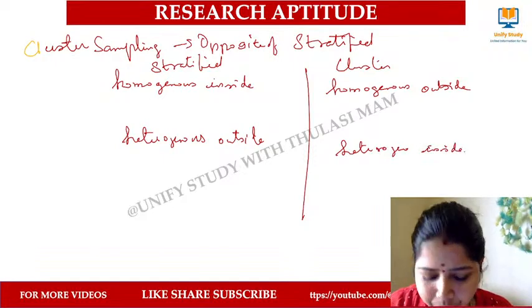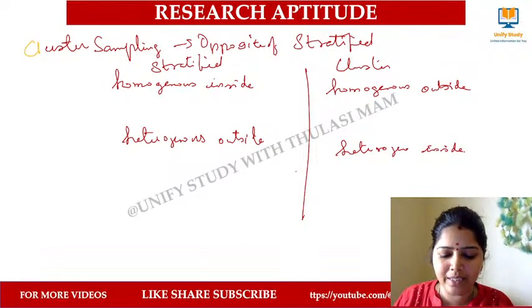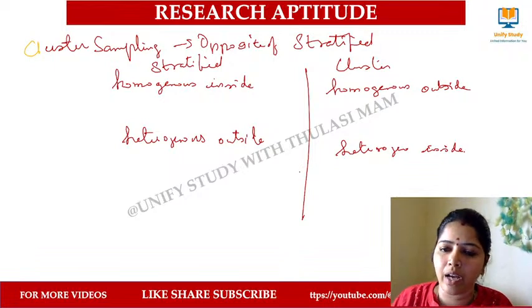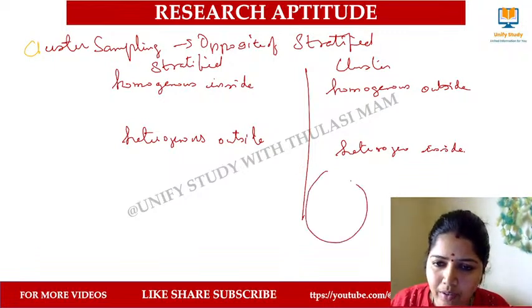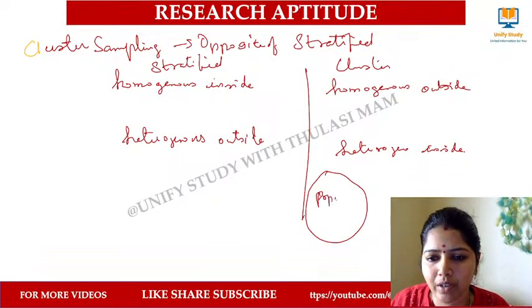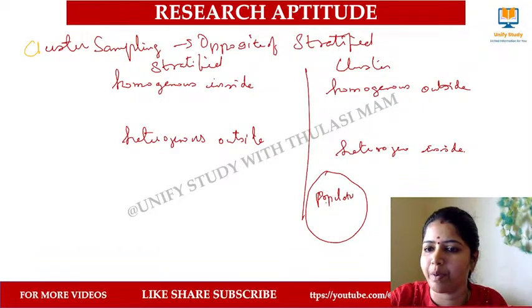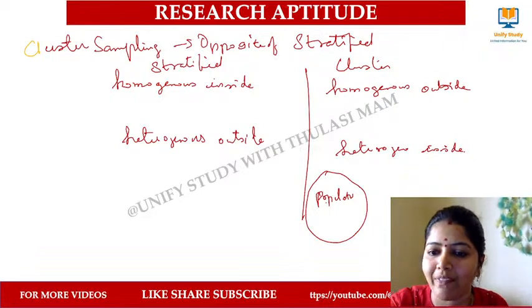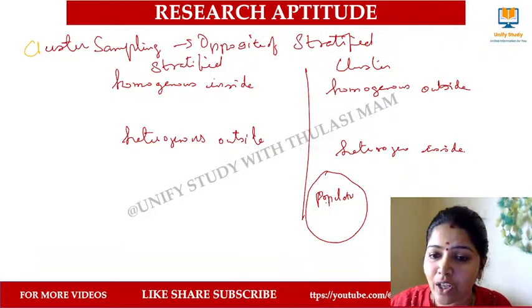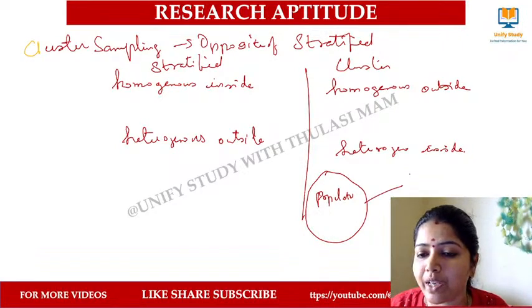How, ma'am? See, if I want to take an entire population, and this population contains different types of people, that we call heterogeneous inside. From that, I'll be taking a cluster of people. The cluster of people will be selected.